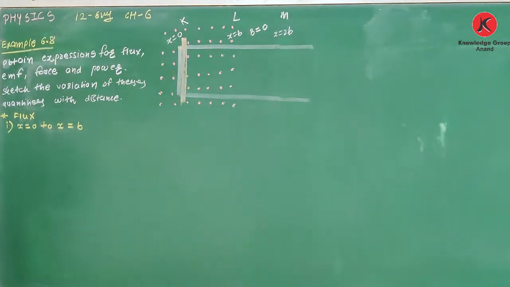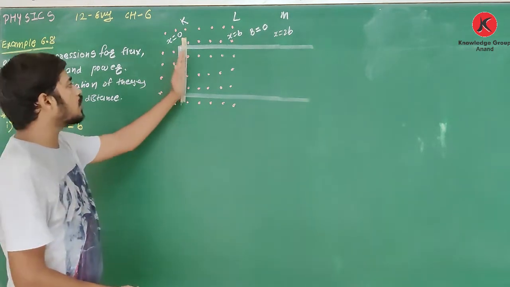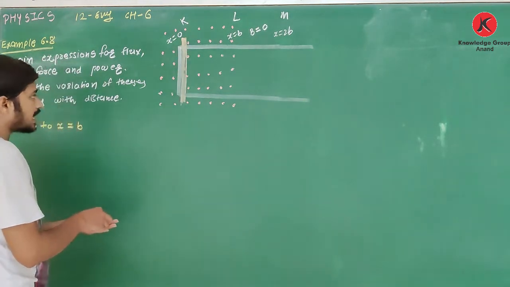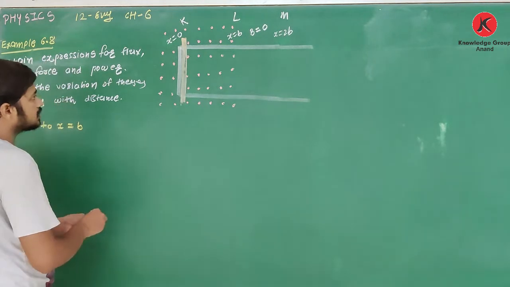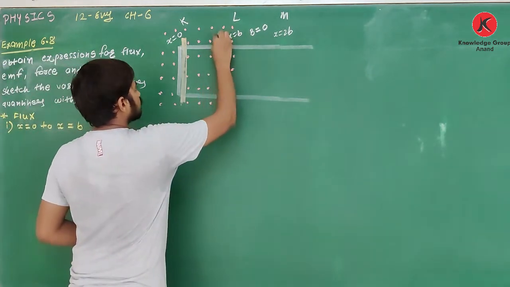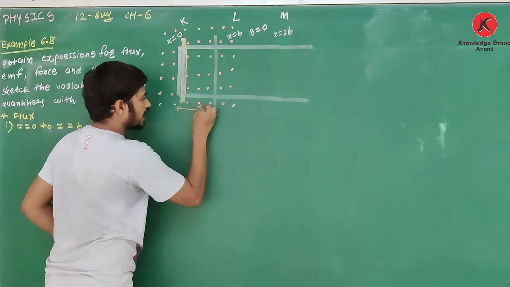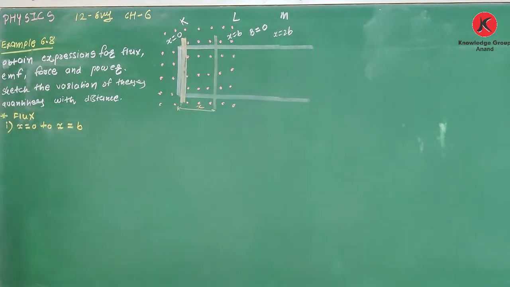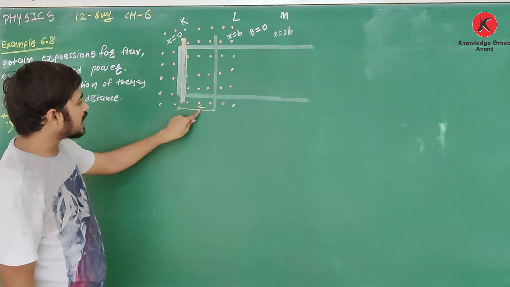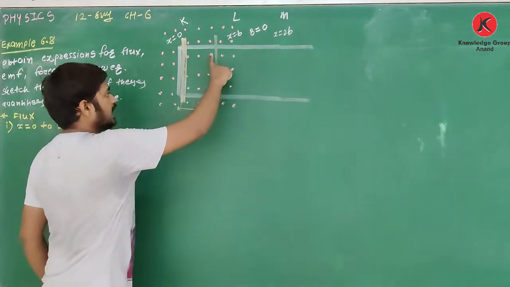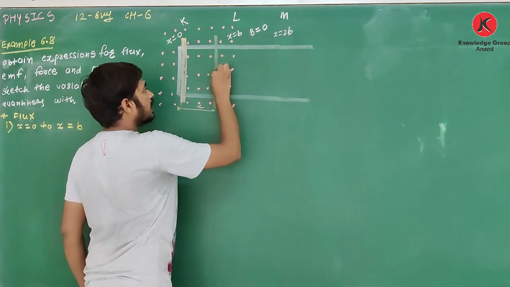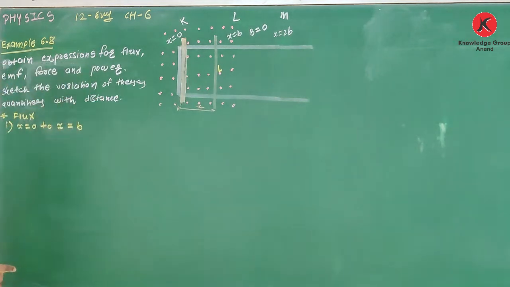At each and every point, if this wire is at this position, and this distance is suppose x, then what is area? It is x, and length of this wire is suppose L, then it is x into L. Yes or no? Yes it is.